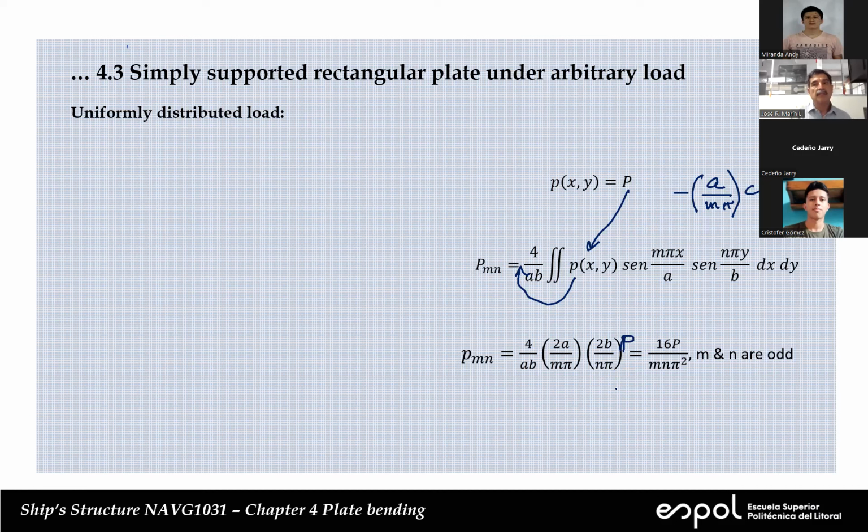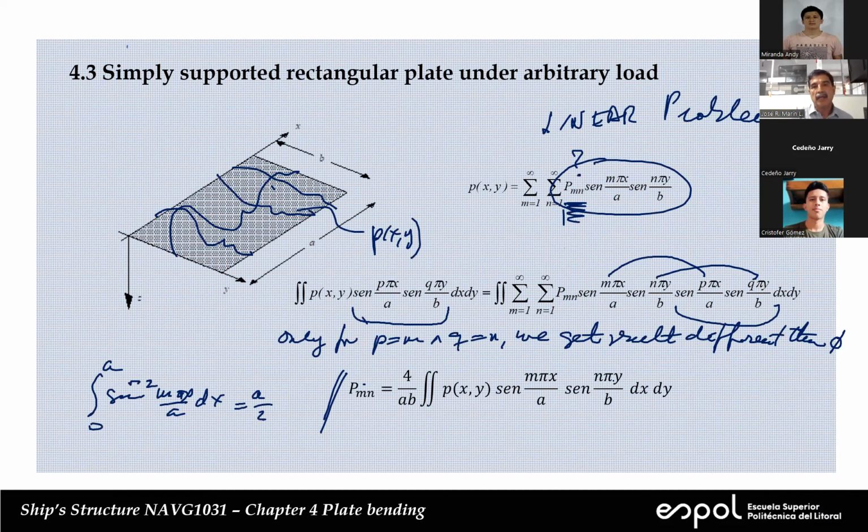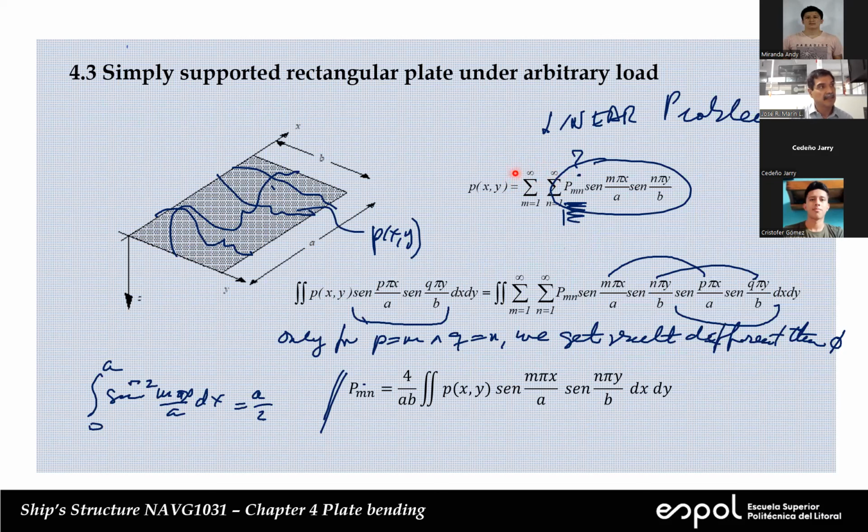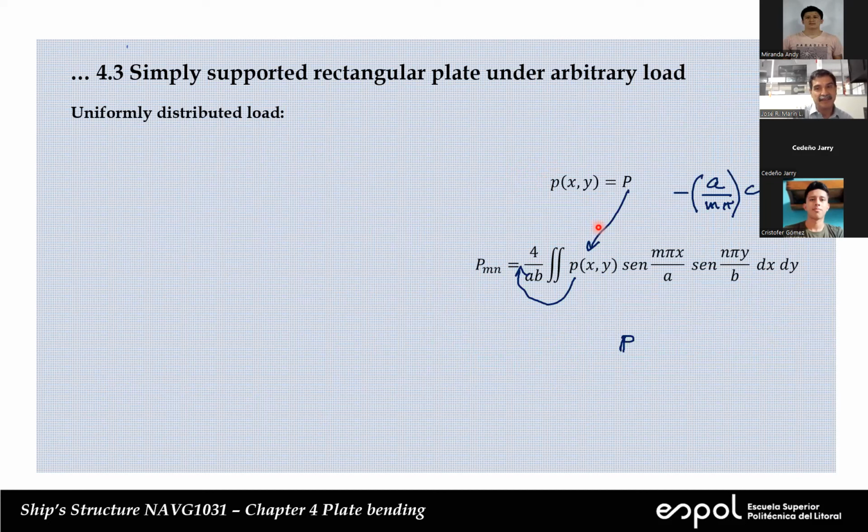Now, this is something which we said before. Let me go back. Here, I have an infinite series. The problem is that we don't have the time to wait until infinity. But here, we see that PMN has these two subindices in the denominator. So immediately you see that as m and n increase, this decreases.